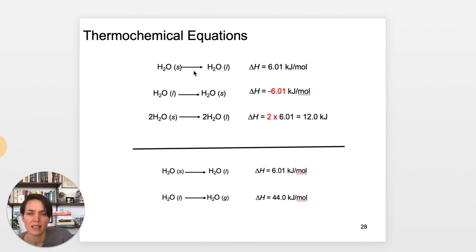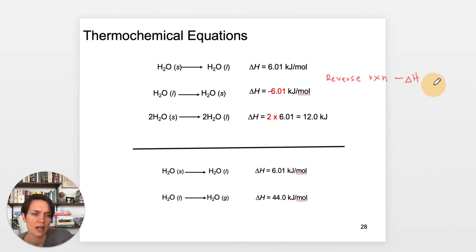Now let's say we wanted to go the opposite direction and talk about that liquid freezing. Notice that this equation here is the same as this one, it's just been reversed. And our enthalpy change is equal but opposite. So this is a big concept, which is that the reverse reaction is going to have an enthalpy change that is also in the opposite direction.